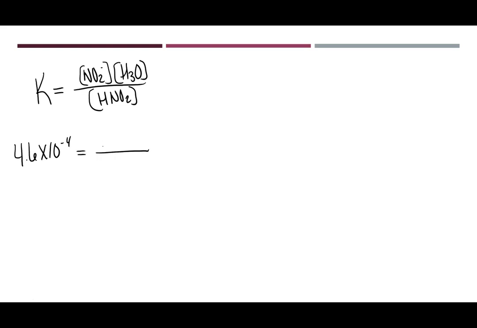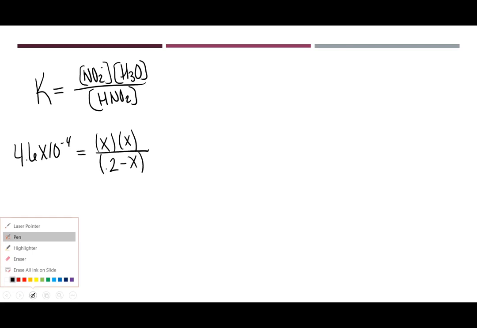Looking at our ice table, both of our products were just X and X, and our reactant was 0.2 minus X. Certainly you could solve this using the quadratic equation. I highly recommend that you use the X's small approximation, getting rid of any of the X's that are being added or subtracted.